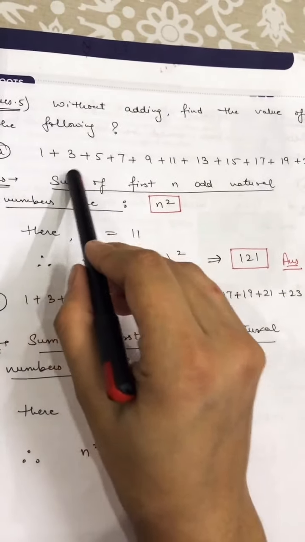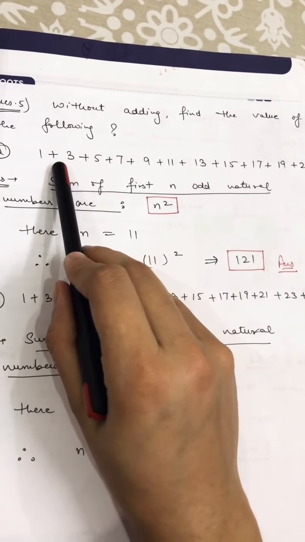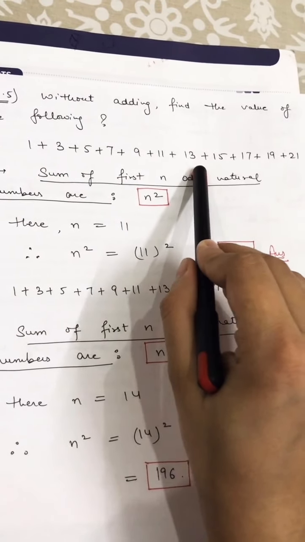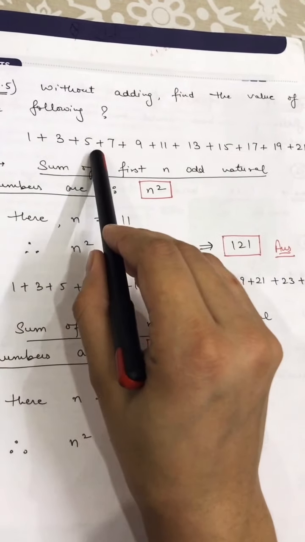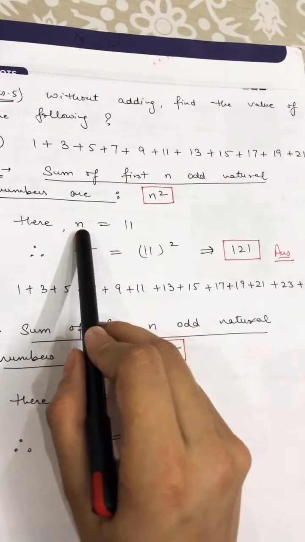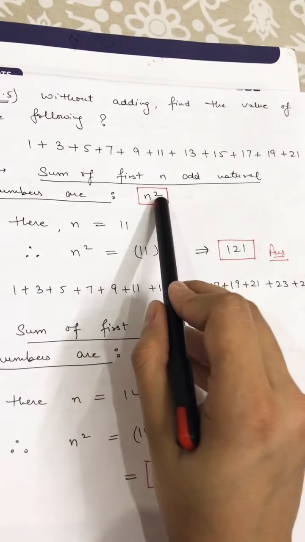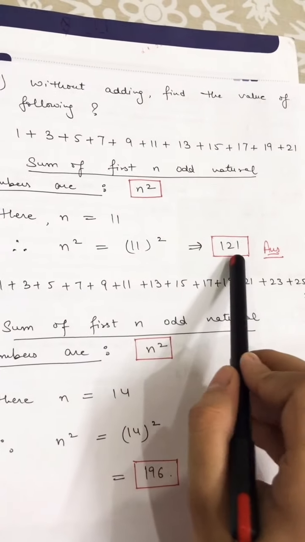Here you have to count the numbers. How many numbers are there? No need to add all the numbers. It will take lots of time. You just count the numbers: 1, 2, 3, 4, 5, 6, 7, 8, 9, 10, 11. So n is 11. Therefore n square will be 11 square. 11 square is 121. This is your answer.